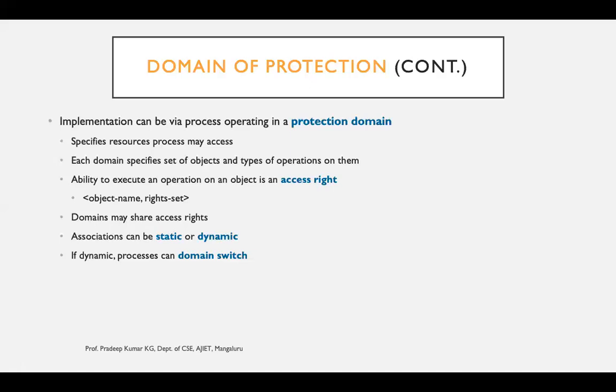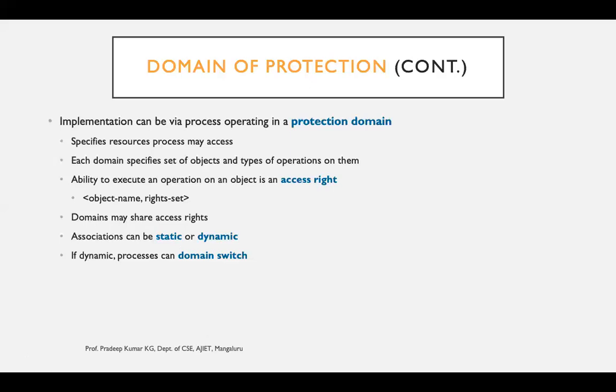Then associations can be static or dynamic. So you can change the privileges or protection level at one time, for example for an entire machine. Say only you are using your own machine and you are not allowing anybody else to touch it.